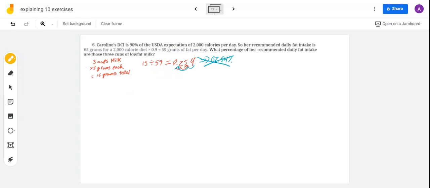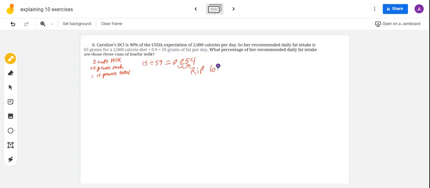So let me just rewrite that all together: 0.254. I'm going to start where that decimal point is and go over.